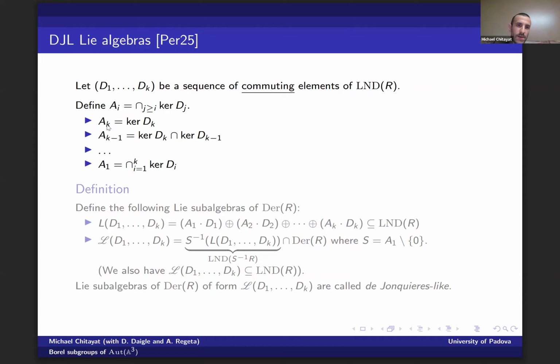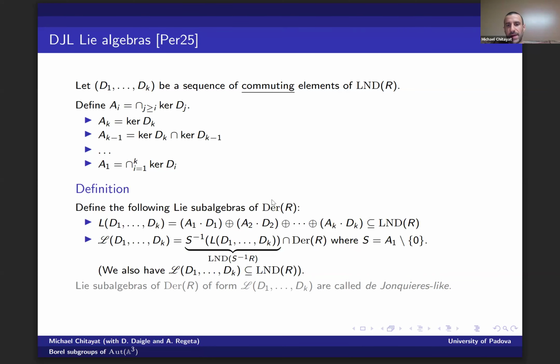So A_k is just the kernel of the last one. A_{k-1} is the intersection of the kernels of the last two derivations, all the way down to A_1, which is the intersection of all of the kernels of the derivations that appear. And then you define two Lie subalgebras of the Lie algebra of derivations of R in the following way.